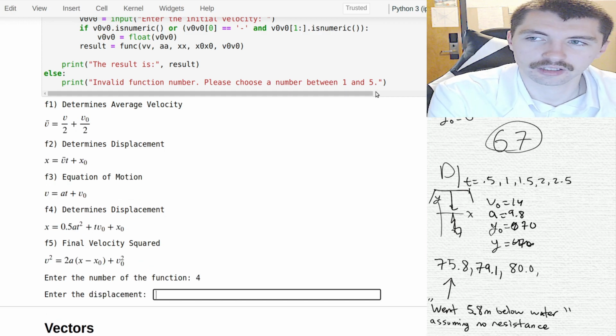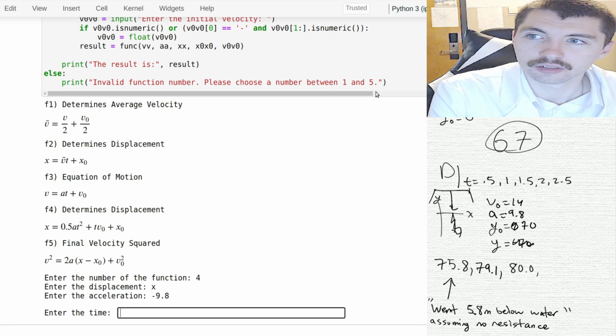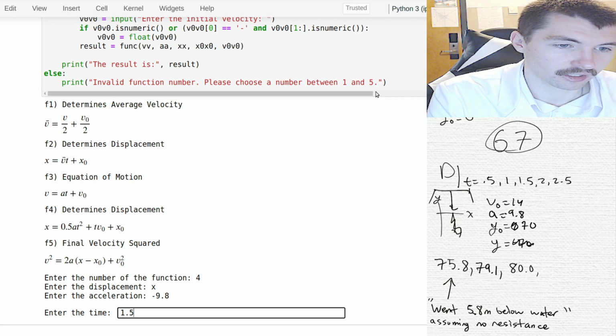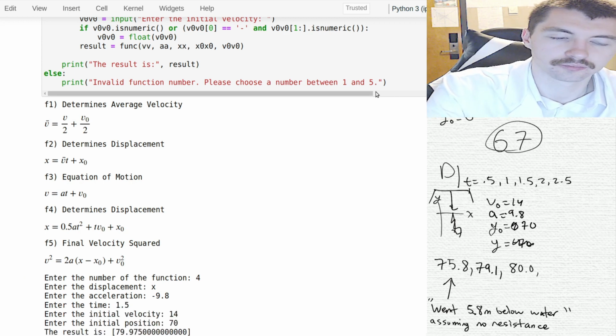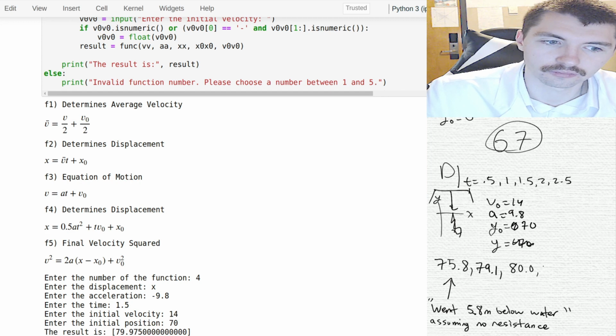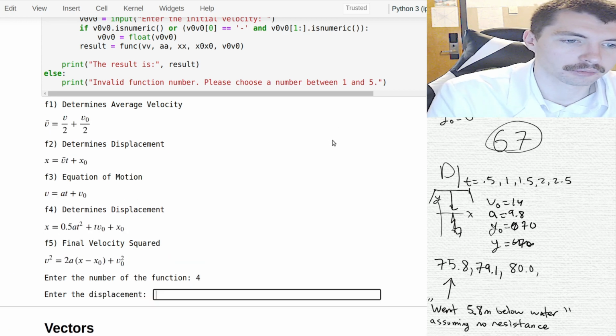So it hasn't jumped yet. Negative, t is 1.15, 14.70. Okay, and I must have already done that one. My bad.